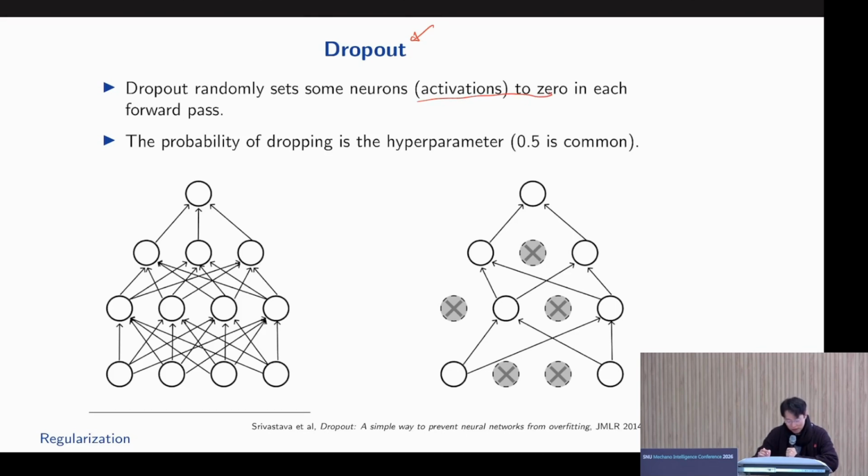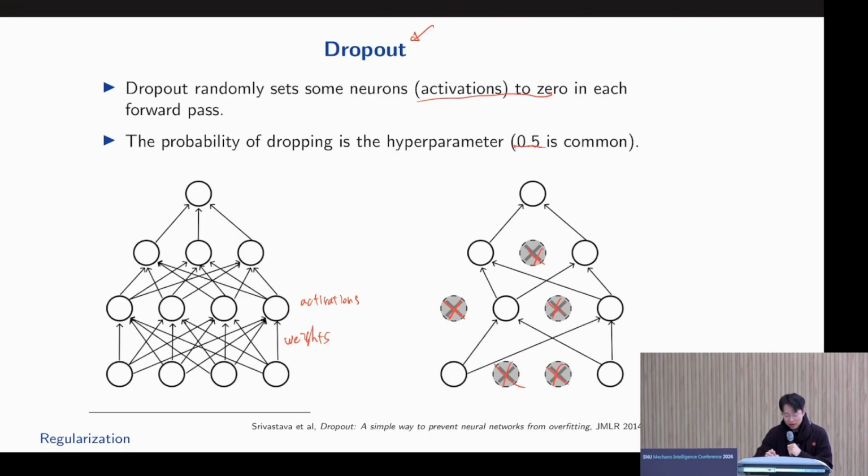So you do a forward pass, and these edges are weights, and these nodes are activations. What you do is you randomly drop some of the activations, and that's it.